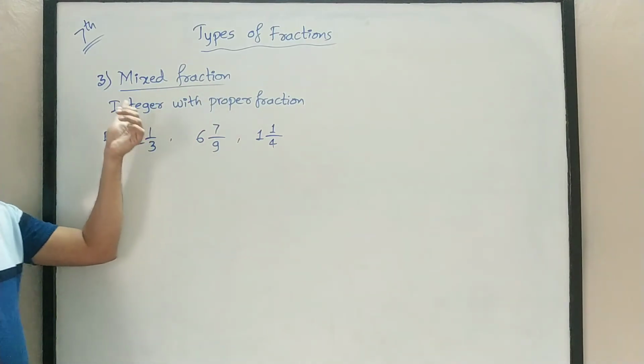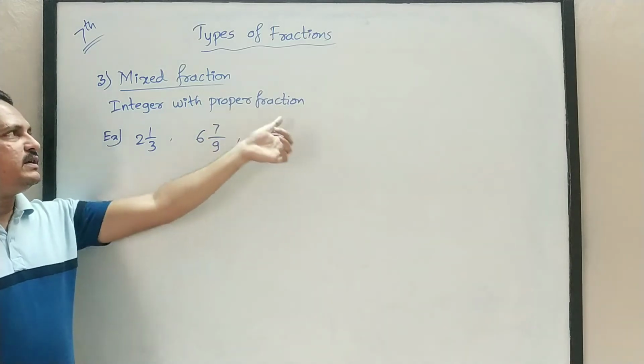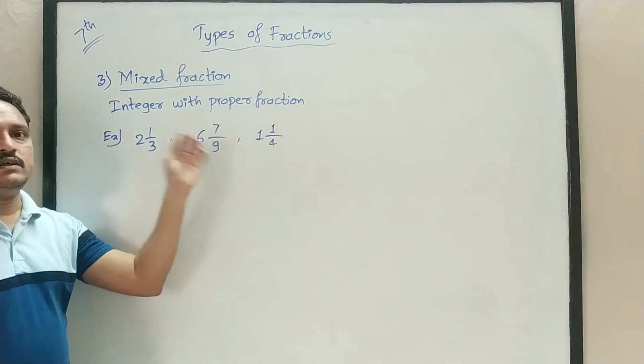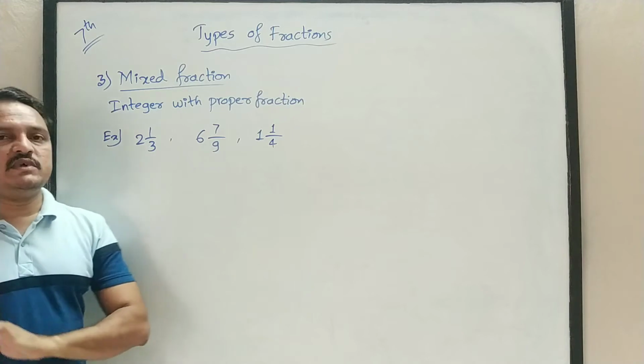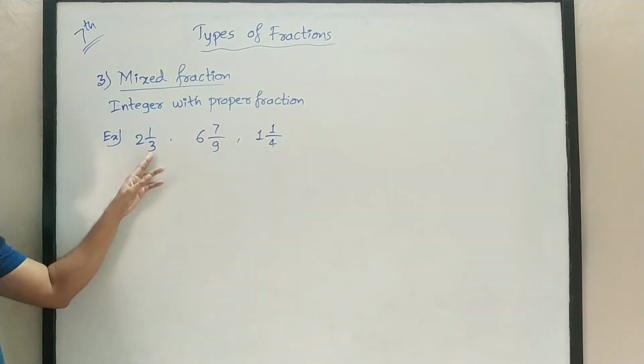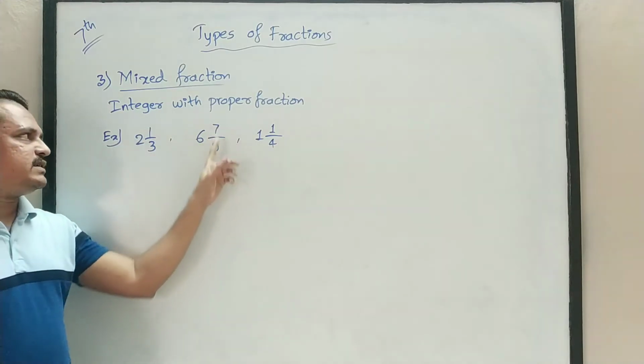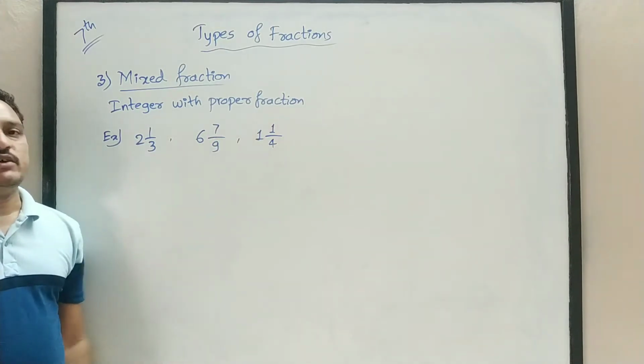A mixed fraction is denoted by an integer with a proper fraction. Remember, in a mixed fraction there will never be an improper fraction. Always we will have a proper fraction with an integer, like 2 integer 1 by 3, or 6 integer 7 by 9, or 1 integer 1 by 4.